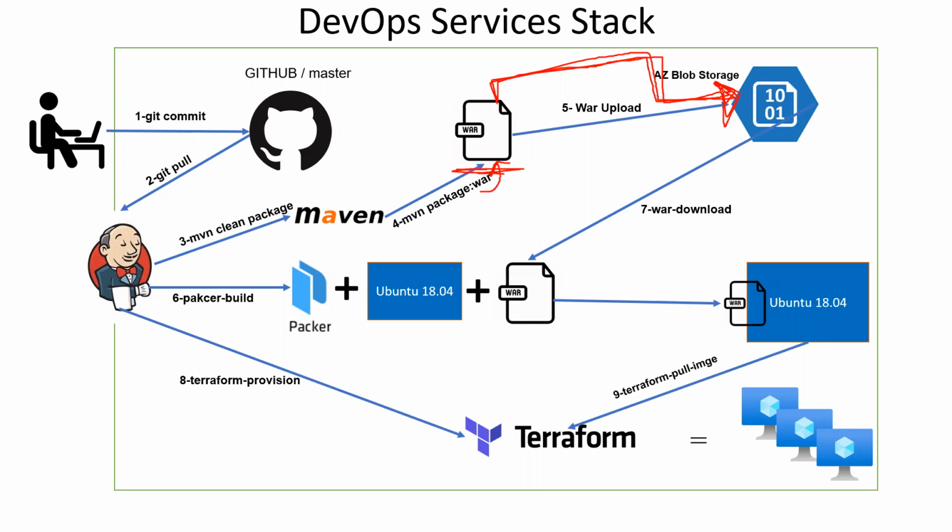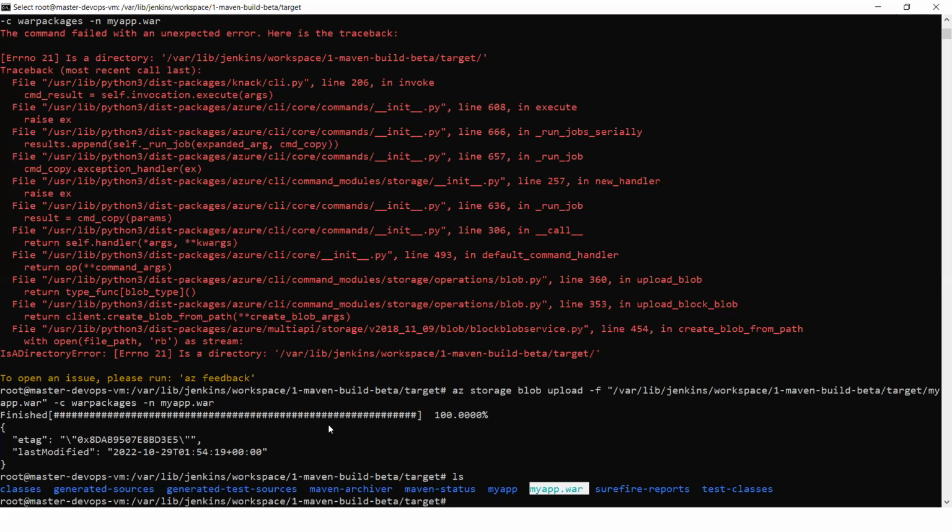Participants, are we clear? Now, what I will do is keep this idea in the system, saying that Jenkins, you are required to go ahead and create the artifact. As soon as the artifact gets created, it is once again your extended responsibility to do a file upload into Azure storage. And the command is here. I'm going to use this command.